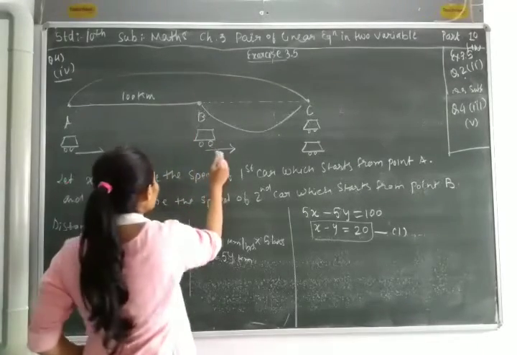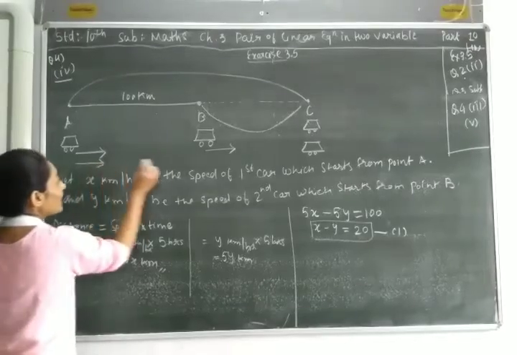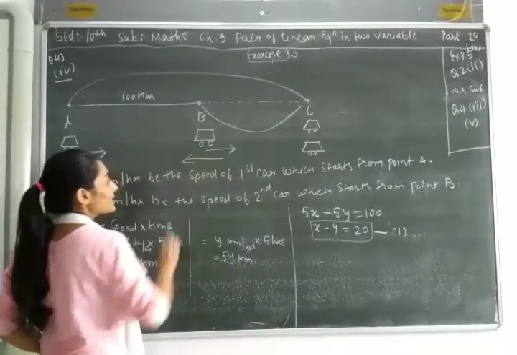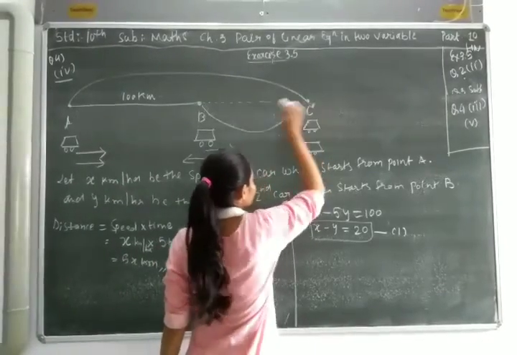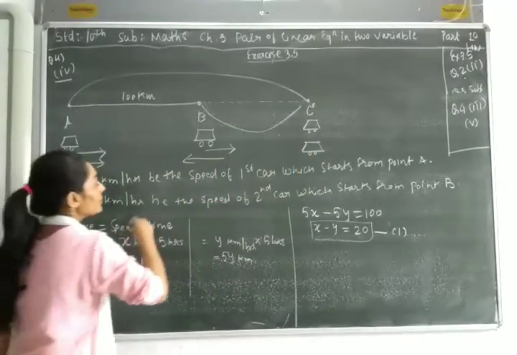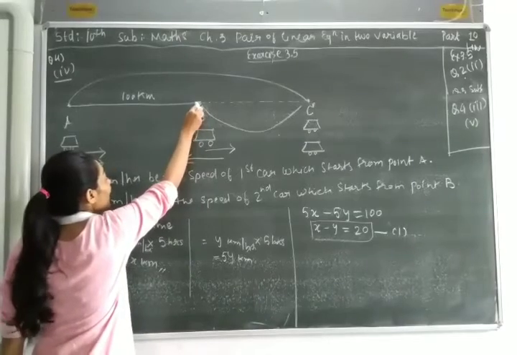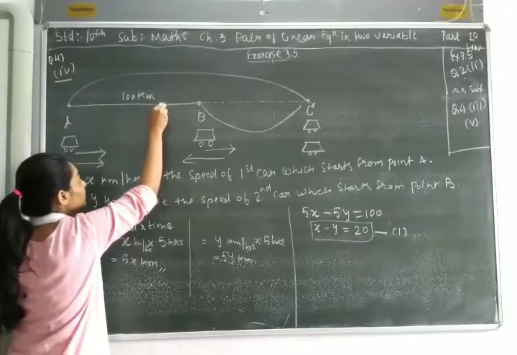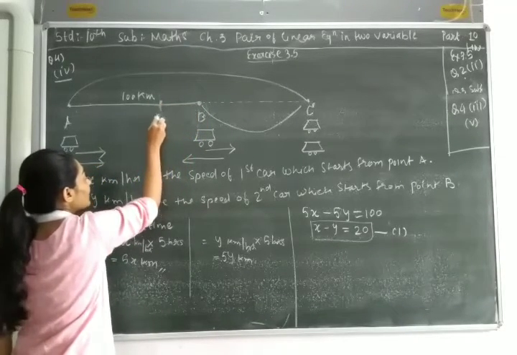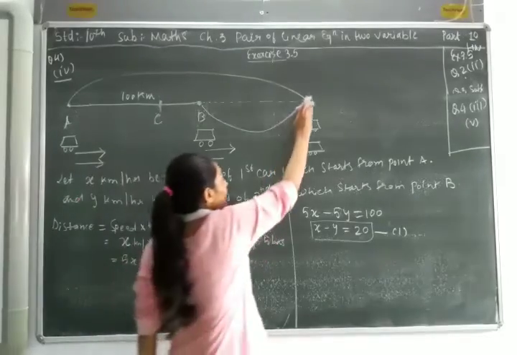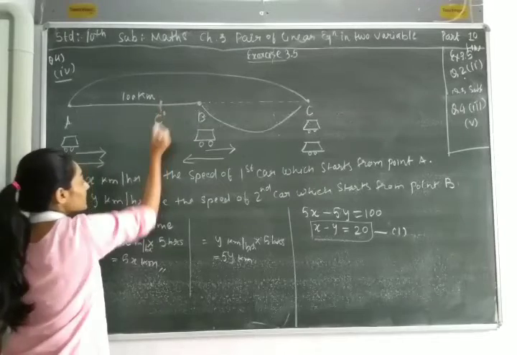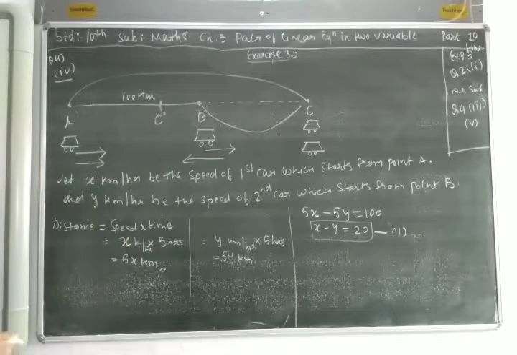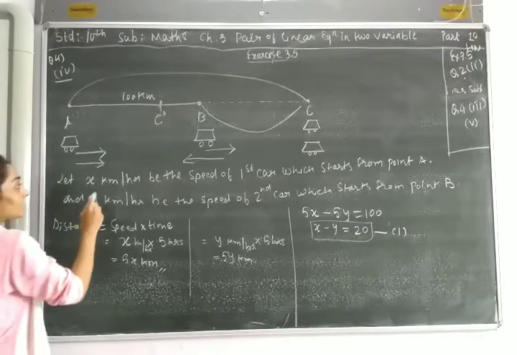Now both cars travel towards each other, like this way. After 1 hour, suppose they meet at this point. I am taking this one as C and this one as C dash point. After 1 hour, they meet at this point.